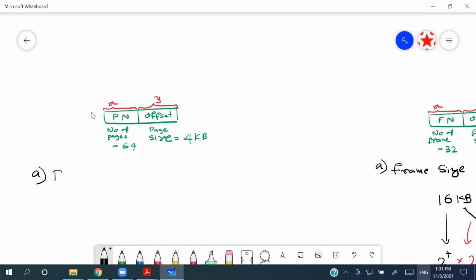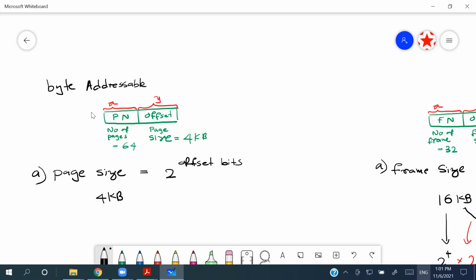So we say page size equals 2 to the power offset bits. So page size, they have given 4 kilobyte, and they say this is a byte addressable one. Right?